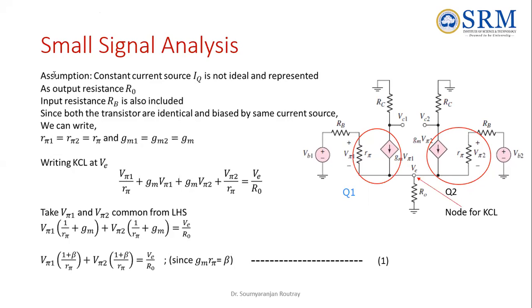Now the assumption is that the constant current source IQ is not ideal.